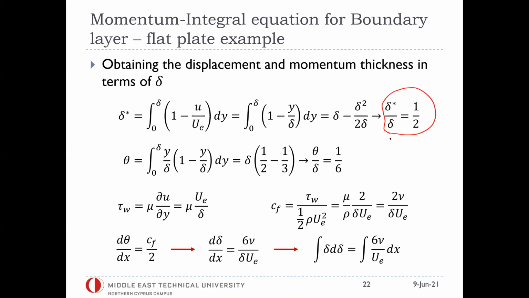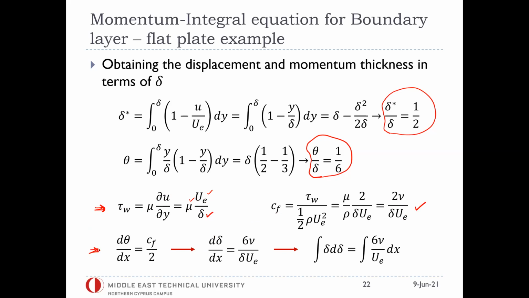So in this specific case, a flat plate boundary layer with no pressure gradient, delta star changes with half of delta, and momentum thickness changes with 1/6 of delta. This is the result from assuming a linear velocity distribution. And the wall shear stress, tau, is given by mu times Ue, all as a ratio of delta. Therefore, CF can be obtained.